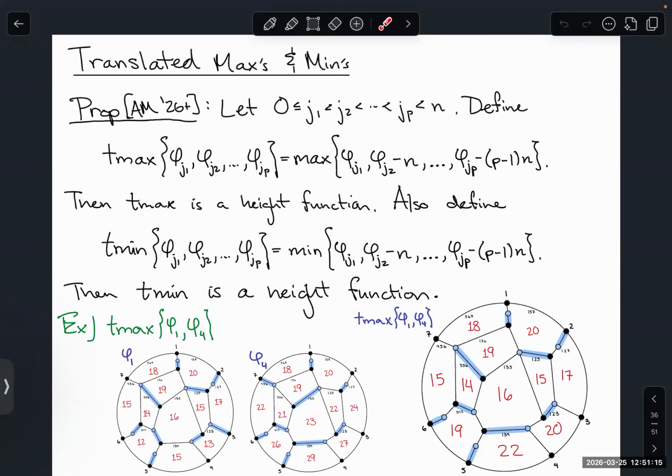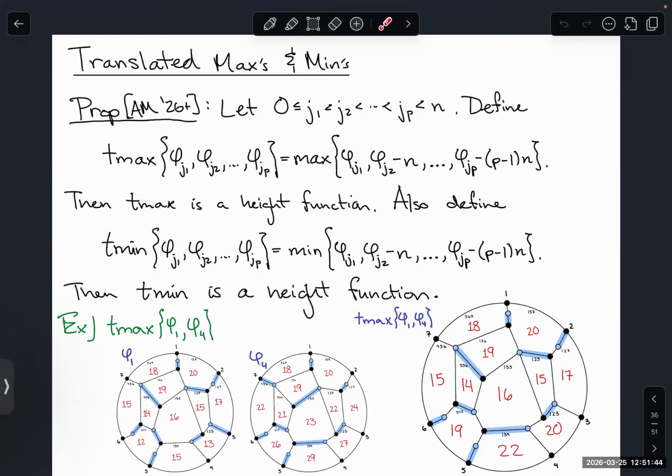So for a translated maximum, I'm taking the maximum of phi j1, then phi j2 minus n, phi j3 minus 2n, so on and so forth, all the way down to phi jp minus p minus 1 times n. And the same translation is happening for translated minimums. And it turns out that both of these give us a new height function.